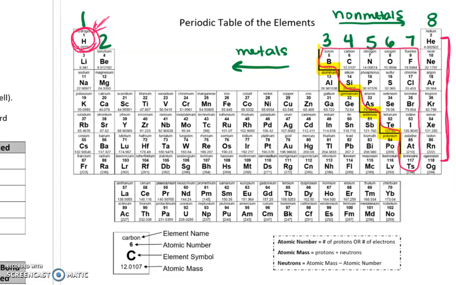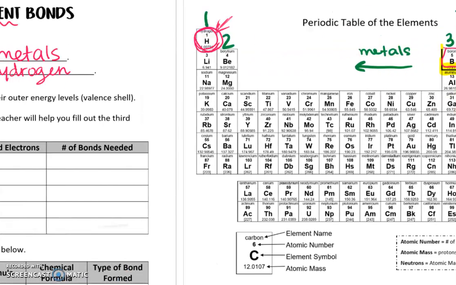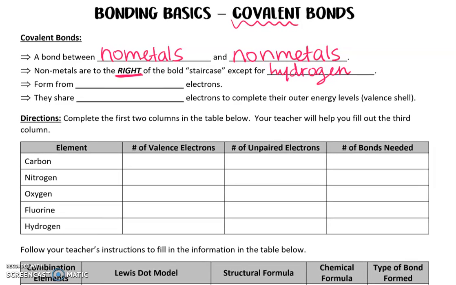However, if you recall, they are unreactive, so they don't react with anything on the periodic table. Rather, all other elements on the periodic table try to be like them to have that full valence shell. So we're really only focusing on just those nonmetals that need to complete their valence shells.